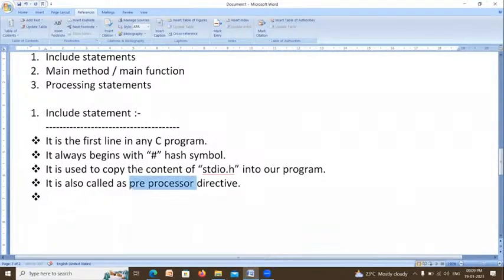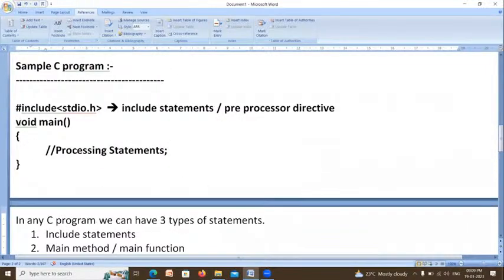What is the meaning of preprocessor? Preprocessor means it will execute before the main method. In your 10th class, you write a pre-final examination. Am I right? What is the meaning of pre-final? Before the final exam, you write one exam that is called pre-final.